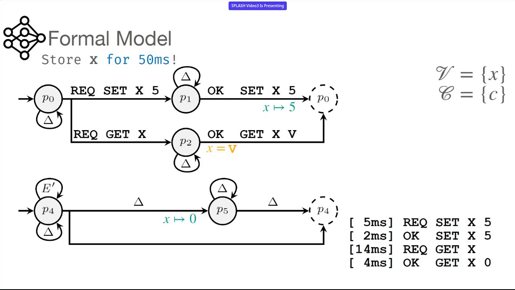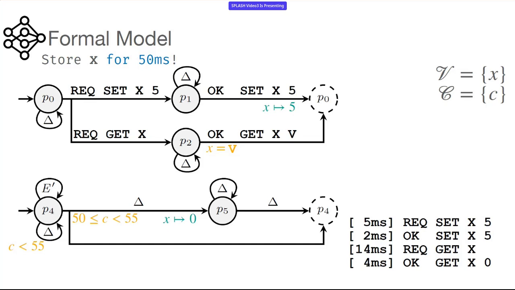And what we do is we introduce a second type of variable, clock variables, which are similar to timed automata. Whenever we take a delta transition, all clock variables are increased by the appropriate amount. Now with that, we can write a guard. So we want to reset the variable x after 50 milliseconds, and we add some slack for hardware. We also want to make sure that our automaton actually does take the resetting transition.